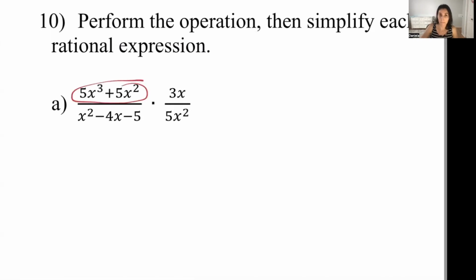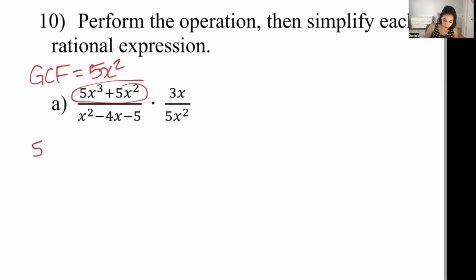So here is a binomial. Is this factorable? So again, I keep saying the very first thing that you should always be scanning for is the GCF. There is a GCF. They both have a 5, and they both have at least two x's, right? You just take the smaller exponent. So let's factor that one first.